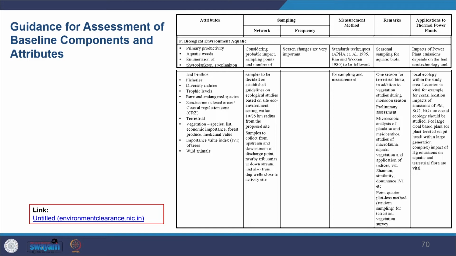And then in the remarks, you can see seasonal sampling for aquatic biota, one season for terrestrial biota in addition to vegetation studies during monsoon season, preliminary assessment, microscopic analysis, and then how it would be applied to a particular project application, the thermal power plant, as you can see here.